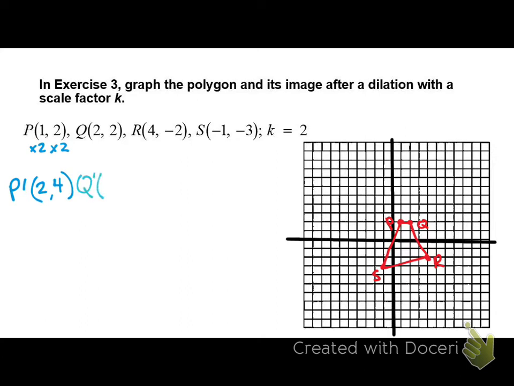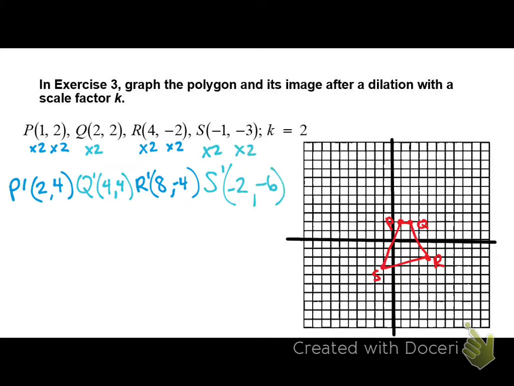And then Q prime, 2 times 2, obviously, 4, 4. R prime, 4 times 2, 8, and then negative 2 times 2, negative 4. And then last, S prime, negative 1 times 2, negative 2, negative 3 times 2, negative 6.